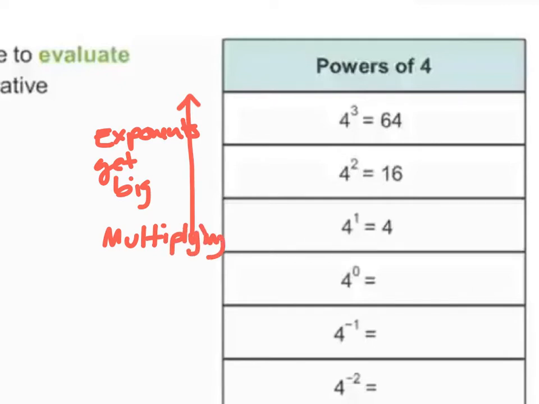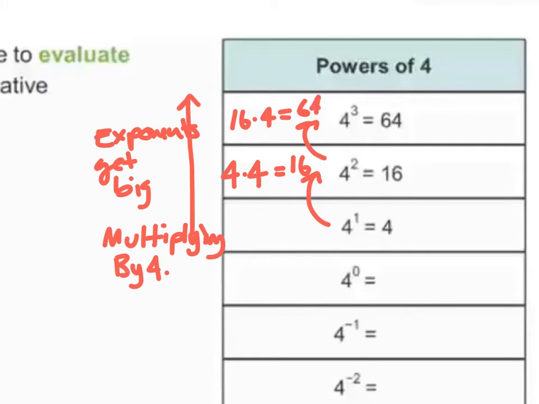To go from this step to this step, I'm doing 4 times 4 to give me 16. From this step to this step, I'm doing 16 times 4, which gives me 64. So we know that pattern going in this direction.